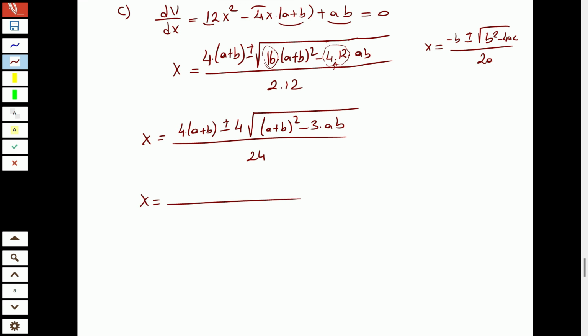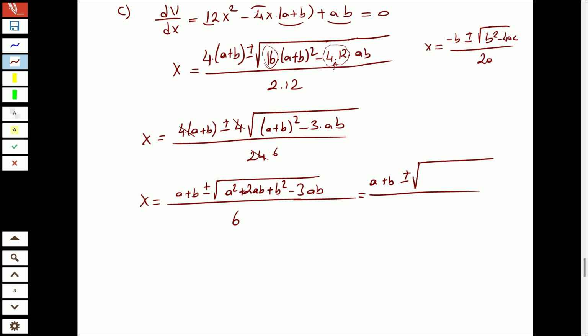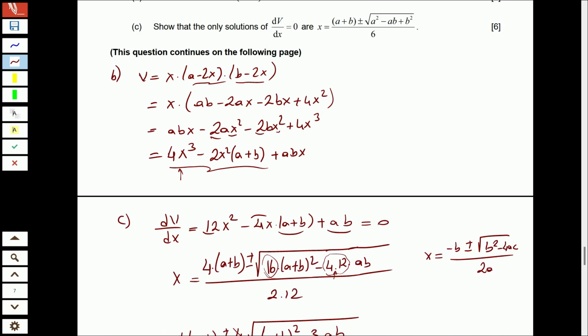You can cancel numerator and denominator; here is going to be 6. So (a plus b) minus or plus the square root of a squared plus 2ab plus b squared minus 3ab, divided by 6. And the last step is in the square root, a squared minus ab plus b squared, when you subtract this ab. Yeah, that's it. We showed it, I guess.